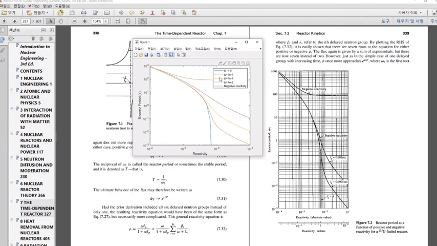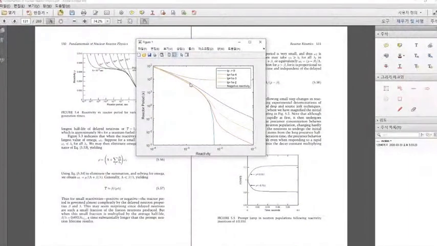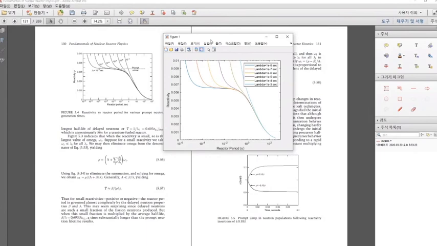So I would like to suggest that any students who think he or she is able to draw this figure, I would like to encourage you to challenge yourself to draw exactly the same curve like this one.